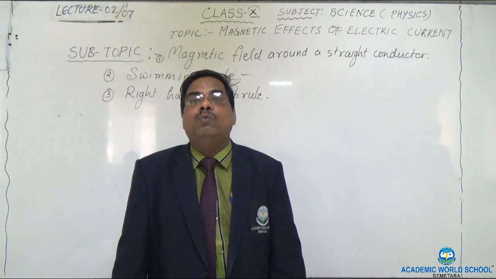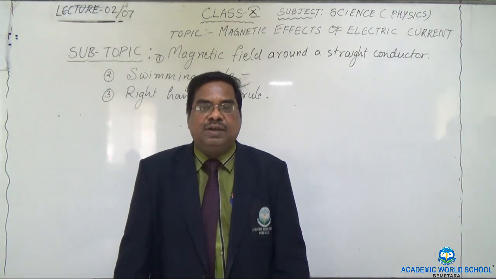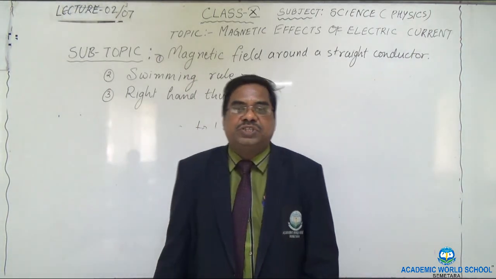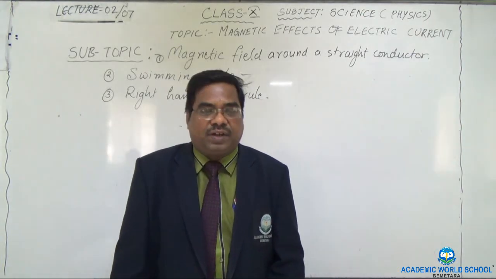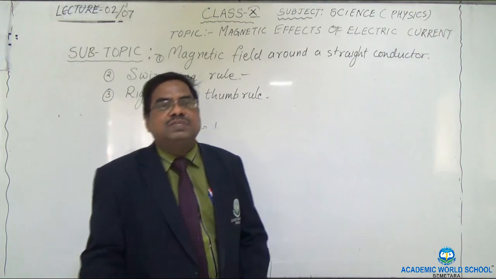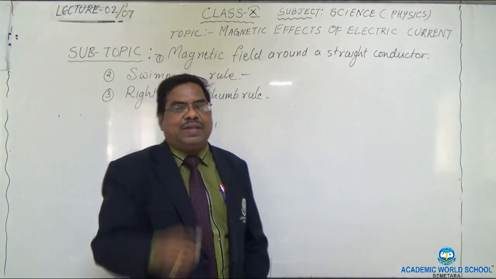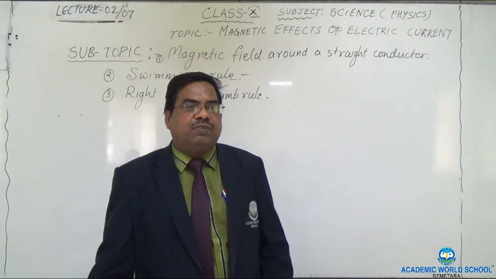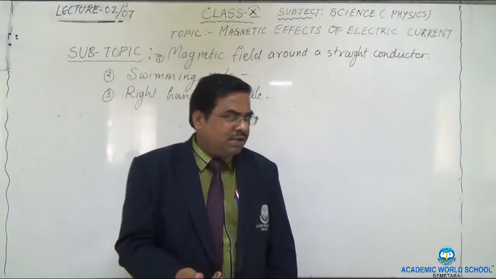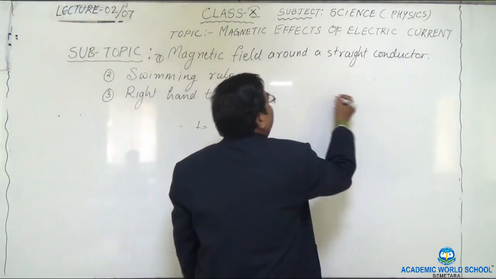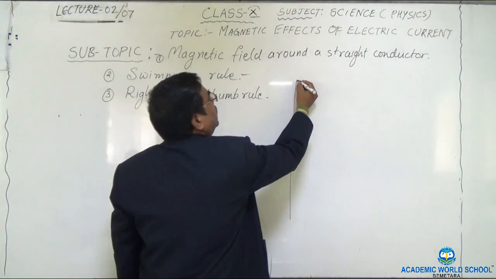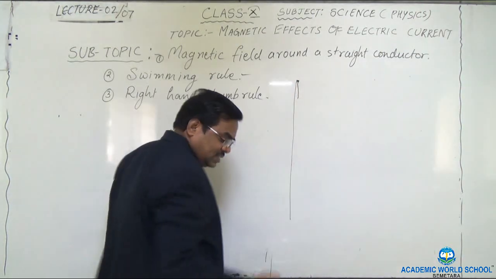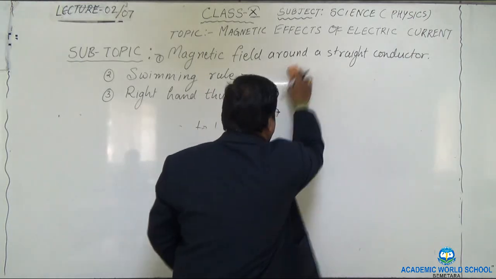He had to perform the experiment to explain the shape of the magnetic field around different shapes of conductor. So he first chose a straight wire, which is the simplest shape of a conductor wire. It will be a straight line. So he selected one straight conductor. Let us say this is a straight conductor.